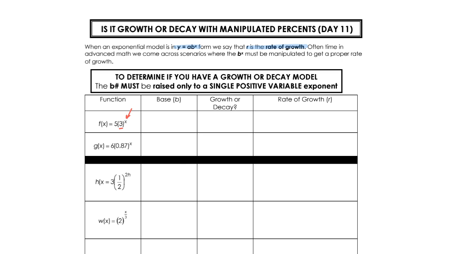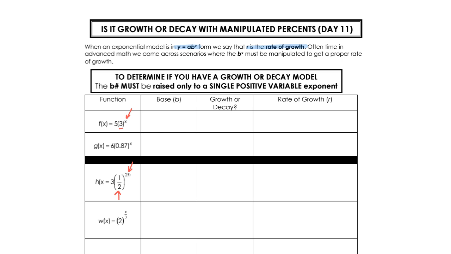However, if the exponent is not just an x, like in this first one below the black bar here, then we cannot assume that this is an accurate base. That exponent on that base could change the base to be greater than 1, and therefore it would be growth and not decay like we thought it was going to be.